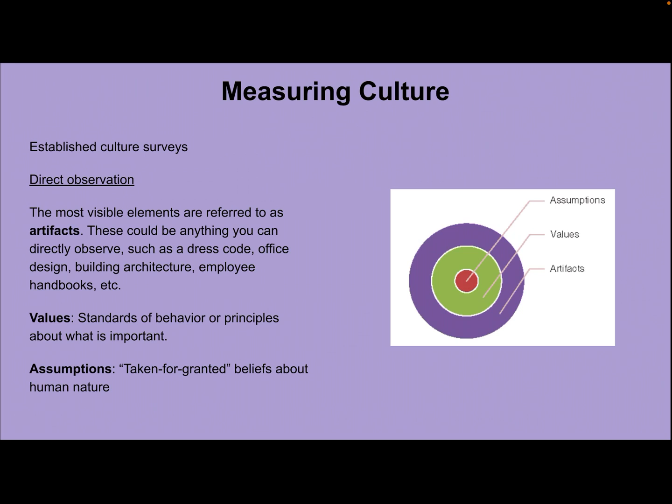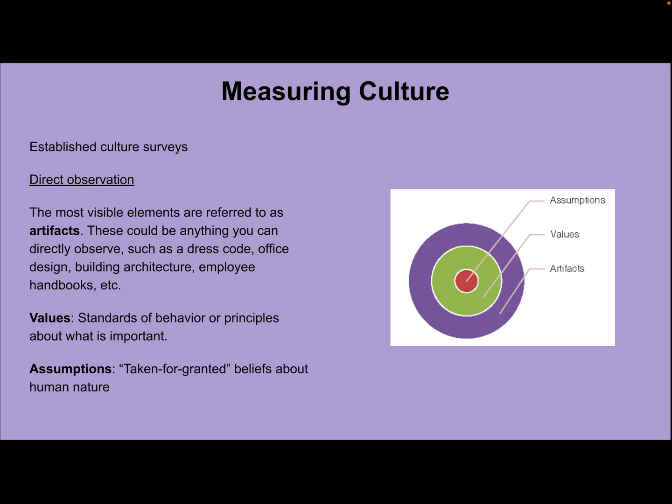Measuring culture of an organization can be very tricky. There are several established culture surveys which can be given to management and employees to measure the culture of the organization. These are used a lot in research. There's also direct observation, where researchers actually go in and spend a lot of time in the workplace and try and observe the culture themselves.